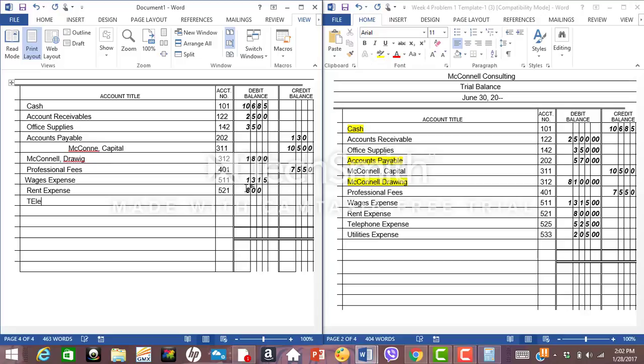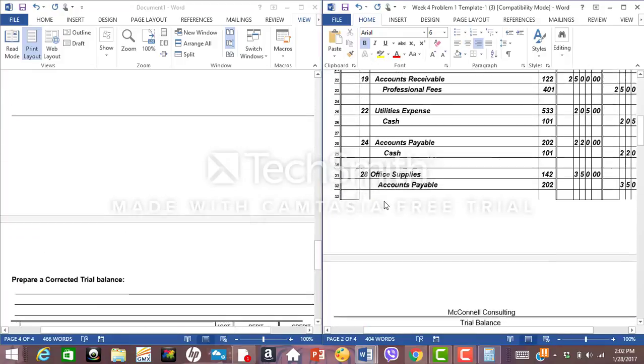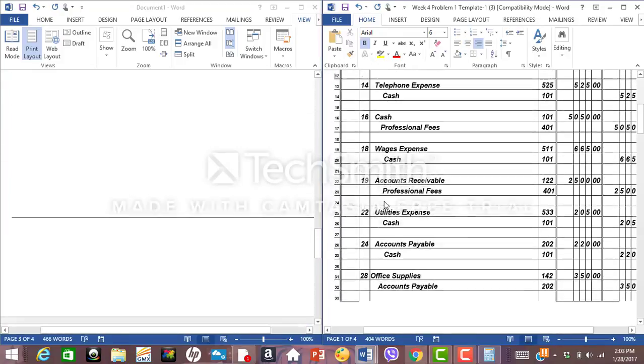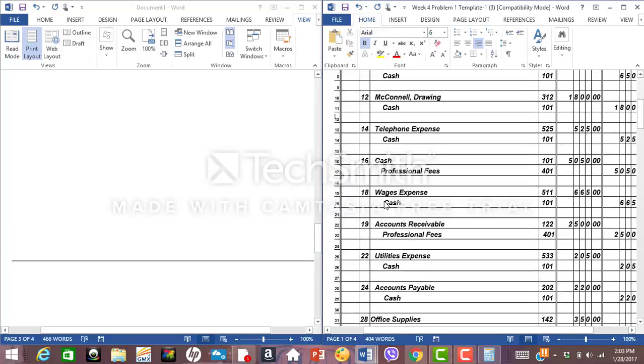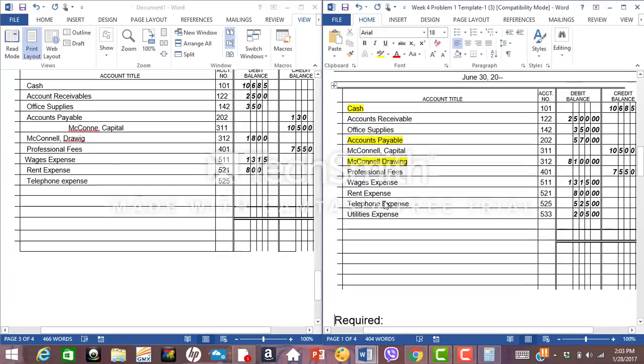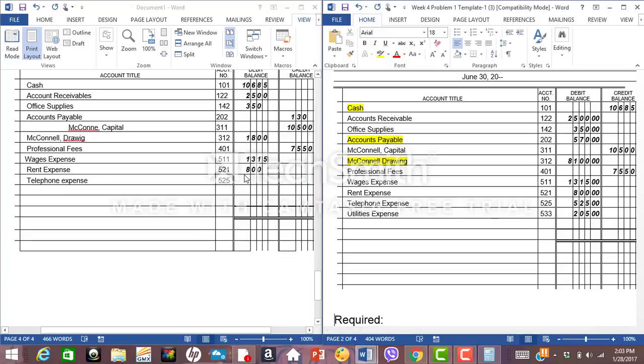And then telephone expense. Telephone expense is 525. All right, 525, and it seems like it is $525. Let me see, telephone expense. It is $525. All right, so that should have been correct as well. How funny is it? Both the account number and the balance for telephone expense are the same.